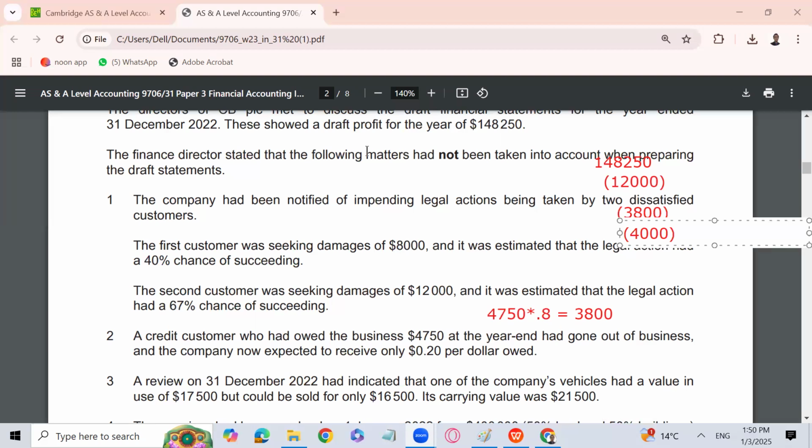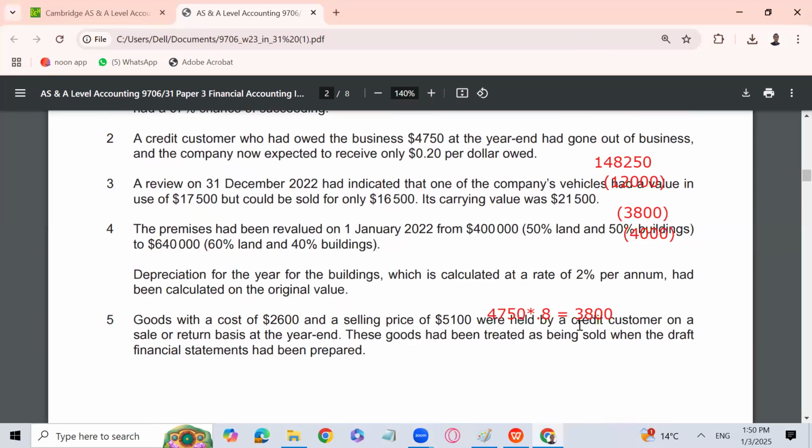Next, let's see. The next point is point number 4. The premises had been revalued on 1st January from 4 lakh, 50% land, 50% building, to 6 lakh 40,000, 60% land and 40% building. Depreciation for the year for the building, calculated at a rate of 2% per annum, had been calculated on the original value.